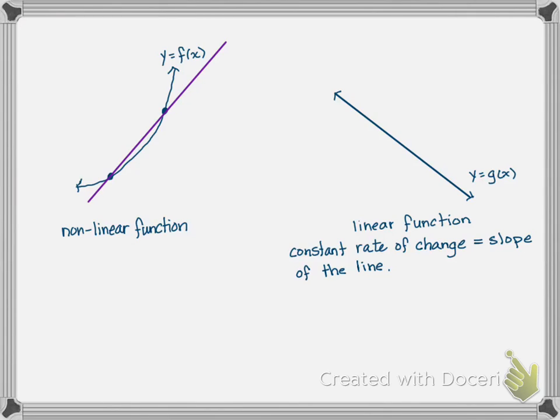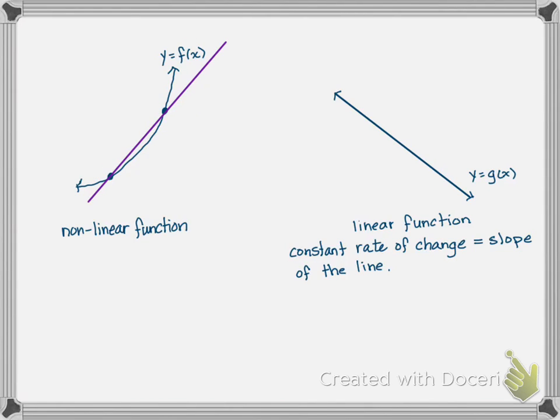On the other hand, with nonlinear functions, we can find the average rate of change between 2 points on the function, but what that average rate of change is depends entirely on which 2 points we choose to calculate it, right? Because depending on which 2 points I draw a line through, we get a different steepness based on where we are on that graph.